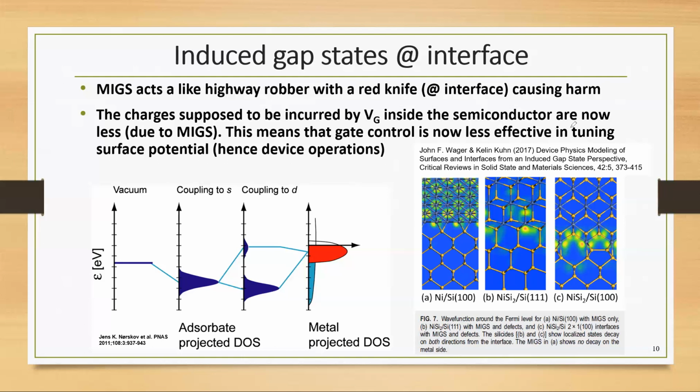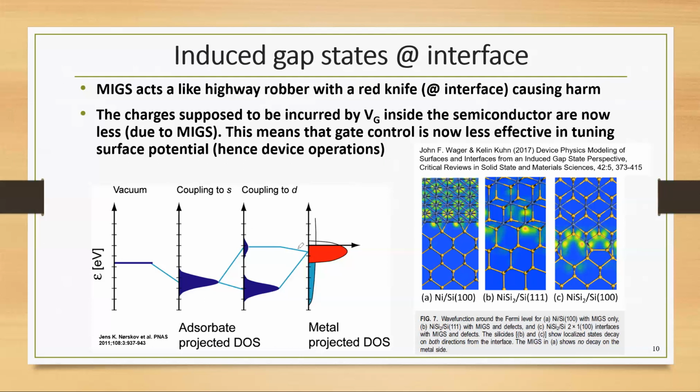But with this defect inside, you have this kind of highway robber, right? The charge will go there. Some of the proper charge will be stuck up there. It is not going to give you the band bending, and that's not good, right? So it means that the gate control is now less effective. It lost effectiveness in controlling the surface potential of the interface, and that's not good.